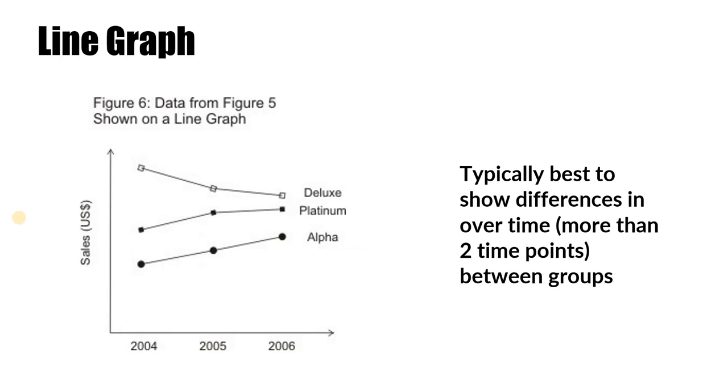Now, the next type of graph that we will be discussing today is a line graph. Now, a line graph is typically best used for showing trends of data over time. And the great thing about line graphs, it makes a clear representation of how data or multiple groups of data can track or change over time.